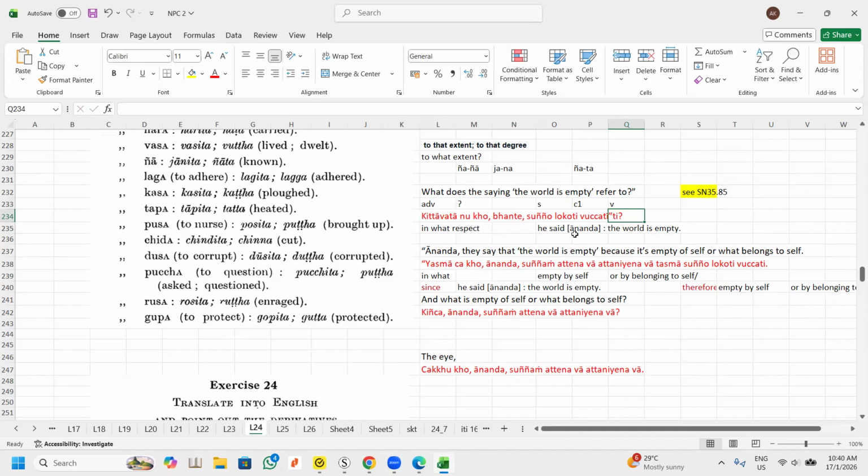So he says the world is empty. In this case, to what extent, or in what respect, is the world empty. This is how you break down and understand how they translate.